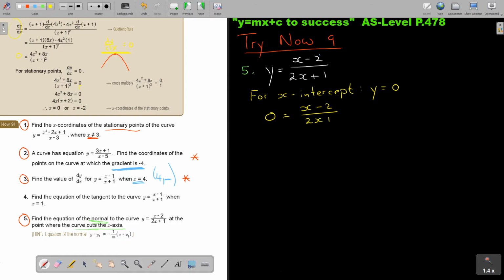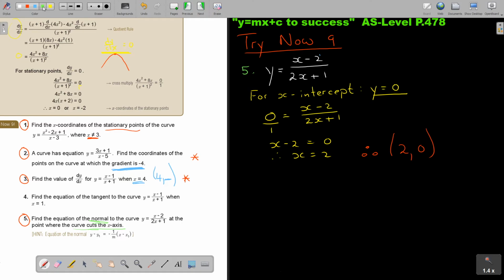And again, I want to show you, if you put this over 1 and you cross multiply, then this will be left, x minus 2, and this will become 0. So therefore, x will be equal to 2. But don't forget, what was the value of y? 0. So what is your point? So therefore, the point is (2, 0). Keep it in mind. That's the point you're going to work with.